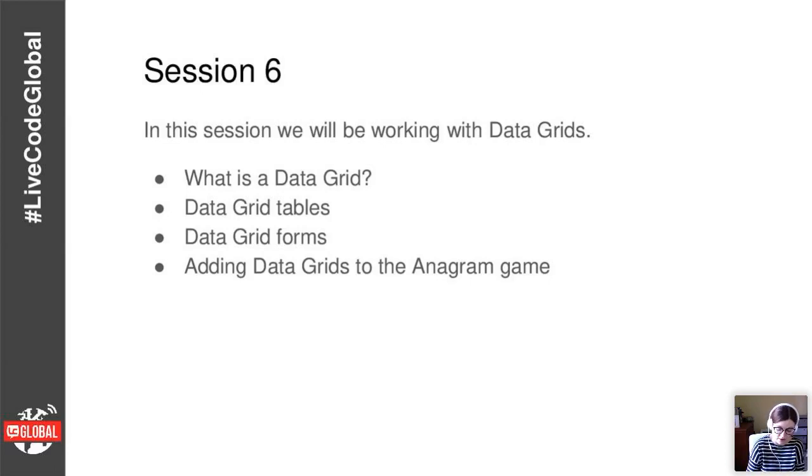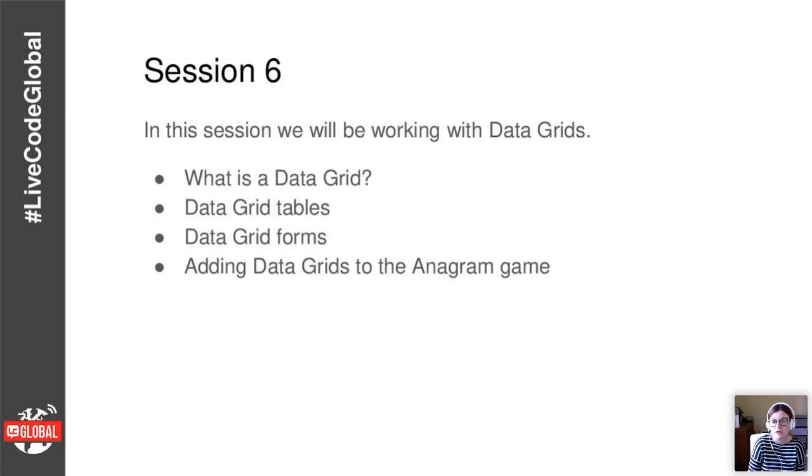If you've got 1,000 rows and each of those has 10 controls in it, that would be a lot of controls on your stack. The data grid will do a type of paging method, where instead of having to create all those controls as you scroll, it will reuse the existing controls. So it's nice and fast and very efficient.